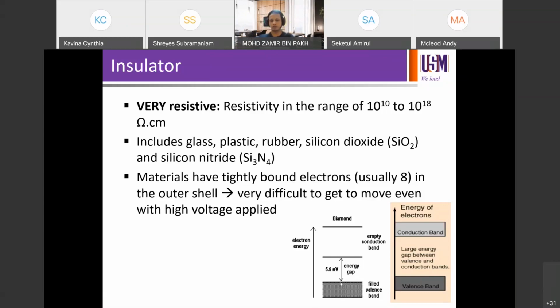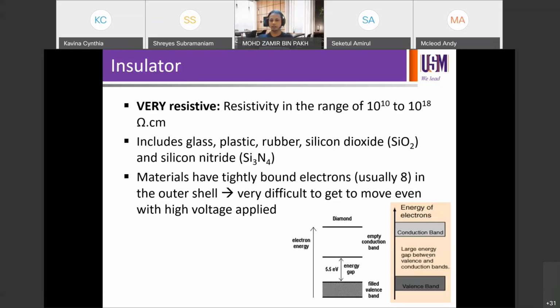So the distance between the band edge of your valence band to the band edge of your conduction band, or the maximum point in the valence band to the minimum point in the conduction band, is like 5.5 electron volts.